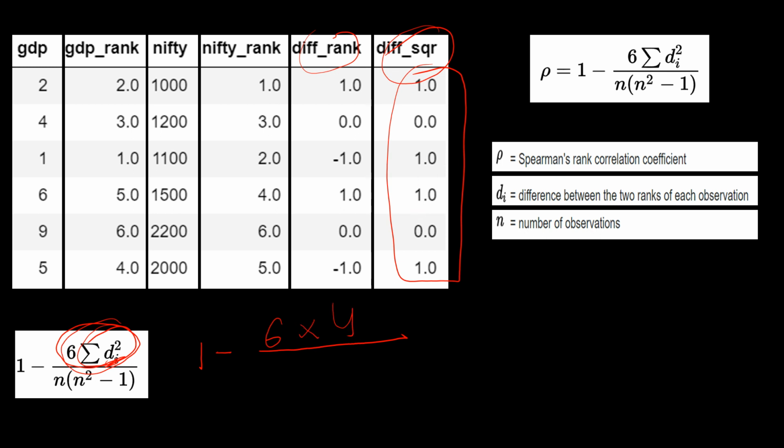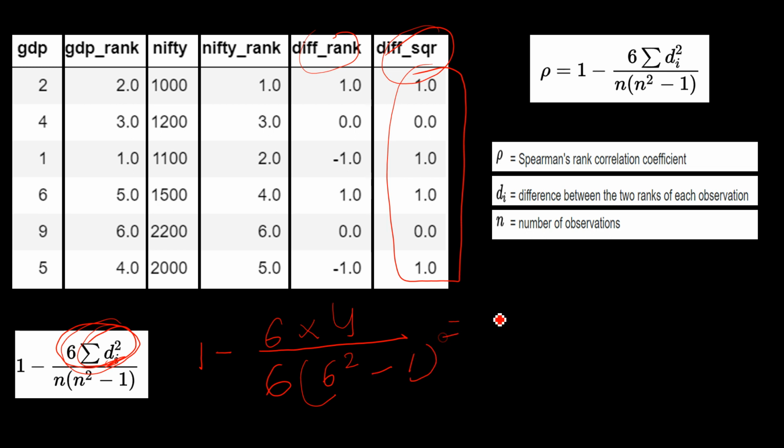4, right? And at the bottom as denominator, what is it that we have? It is asking to find the n, and we just found that was 6. That means we have 6 observations, and again n, so square of that and then minus 1.